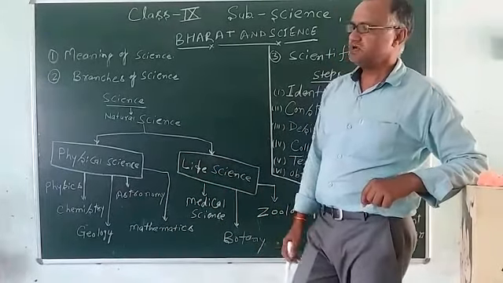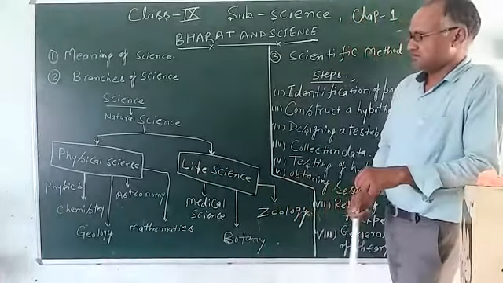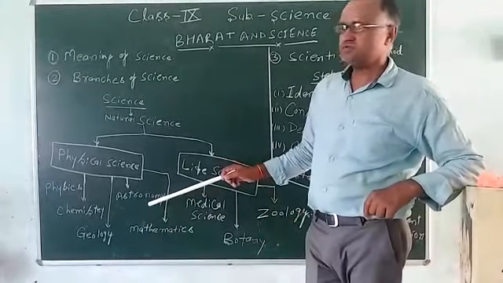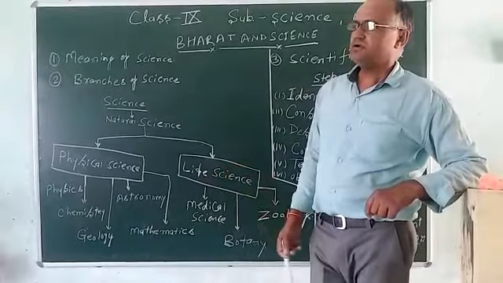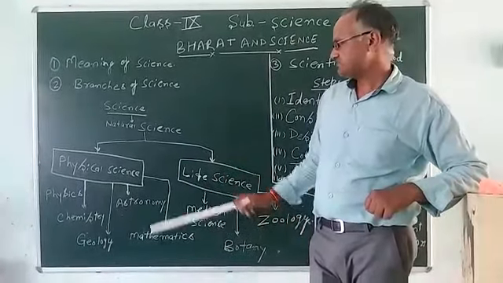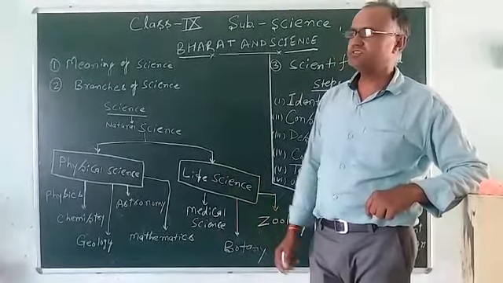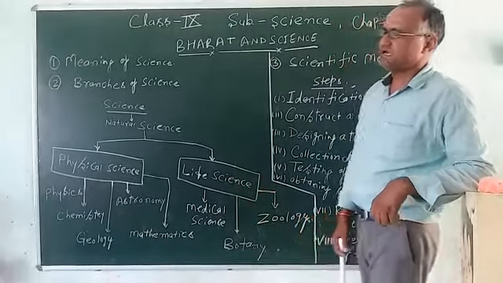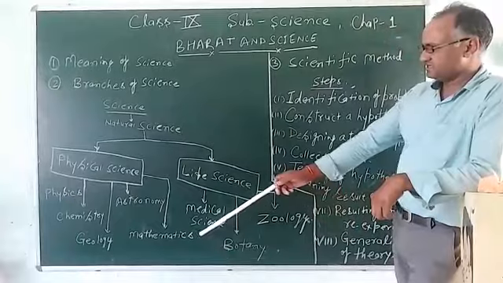And then geology, about our earth, and astronomy. In this branch of science, we study about astronomy, like star, sun, moon, etc. In mathematics we have the calculations, Pythagoras, etc.